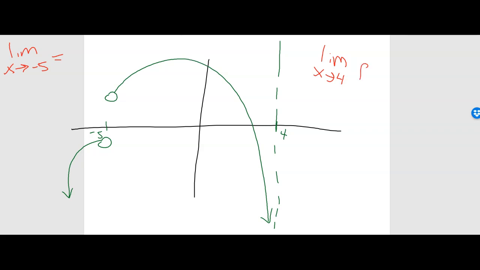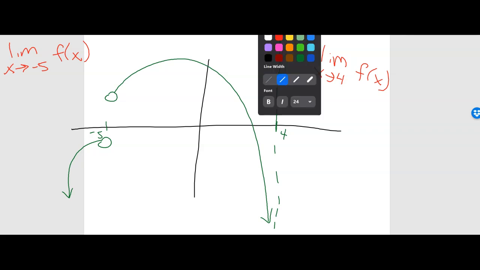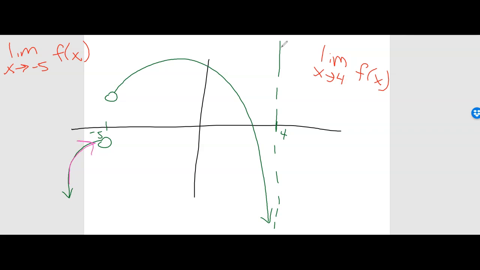We'll just call this f of x. Notation is important. Okay, so if we're looking at the limit as x approaches -5, well, if we trace this from the left-hand side and trace it from the right-hand side, we can clearly see that this limit does not exist because the function's approaching different values from both the positive and the negative side.